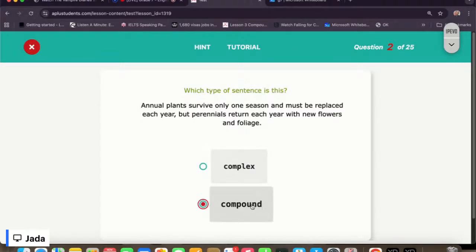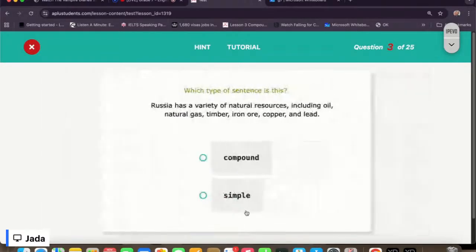So we have compound sentence. Then: Russia has a variety of natural resources, including oil, natural gas, timber, iron ore, copper, and lead. First or second?